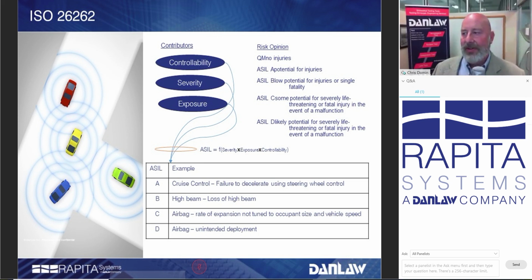Airbags, as you go to ASIL level C. One of the things that were first shaken out with airbags is that they would deploy too quickly and hurt the occupants. And since then, many man hours have been put into tuning the firing of what are called squibs, the deployment, the expansion of the airbag, so that it will be the right rate for the weight of the occupant and the rate of impact, or the deceleration.